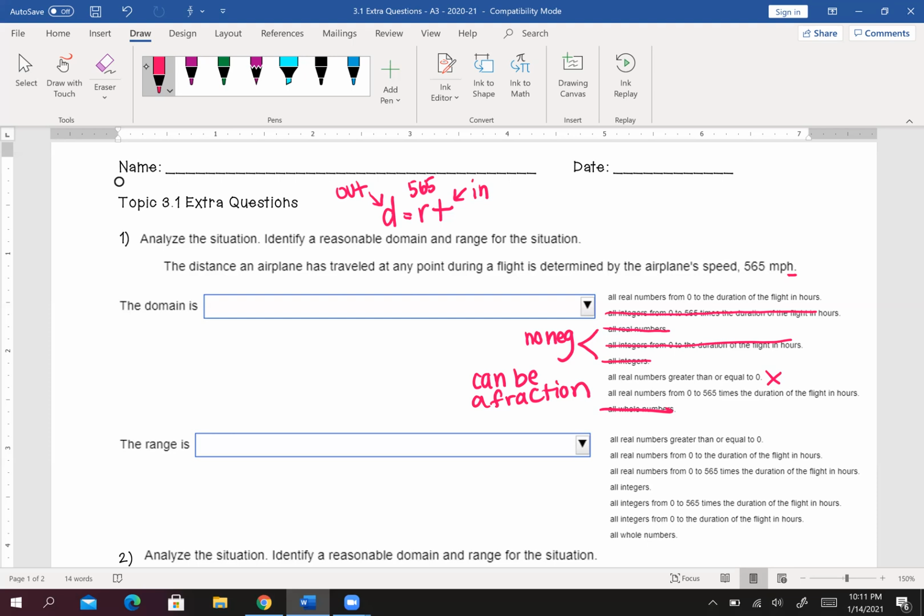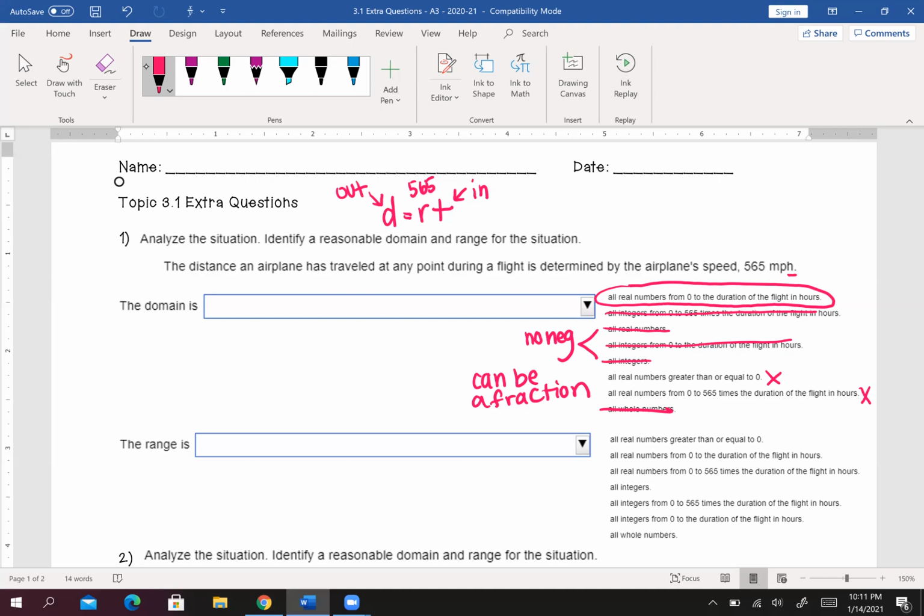We don't need that 565 if we're just talking about the possible things we can plug in for t. So that one is not making sense to me. So it appears that our domain is all real numbers from 0 to the duration of the flight in hours. Okay, all the possible time values that can be plugged in.